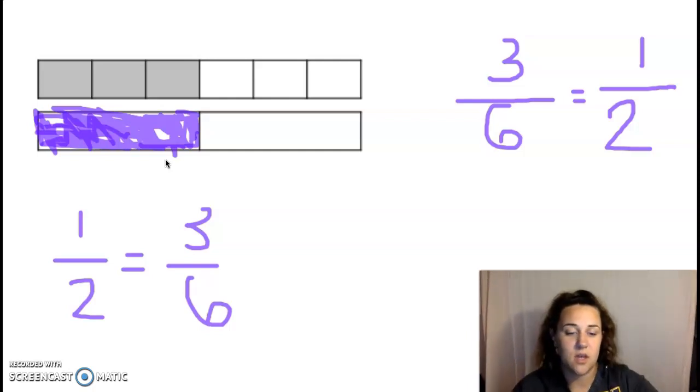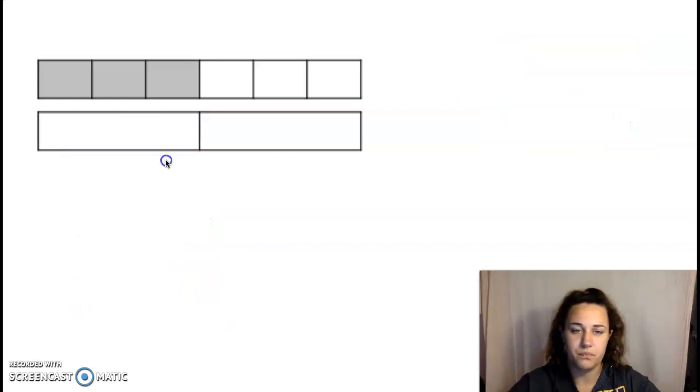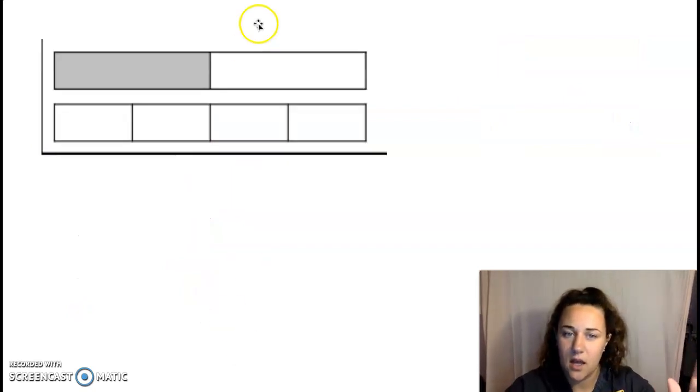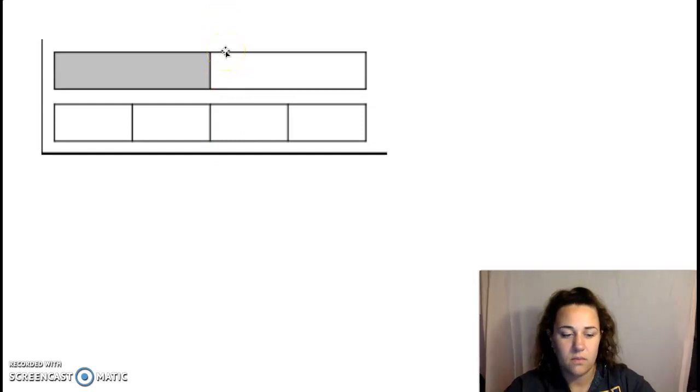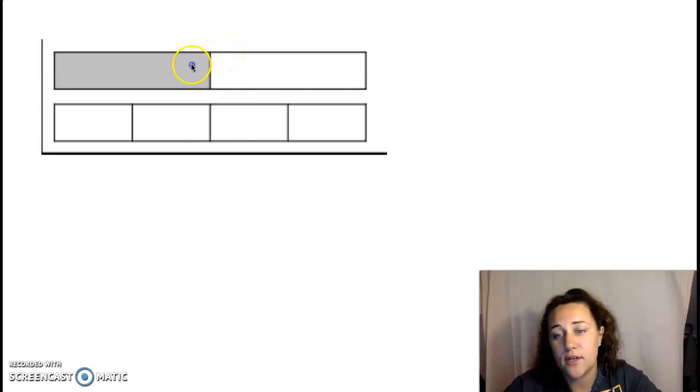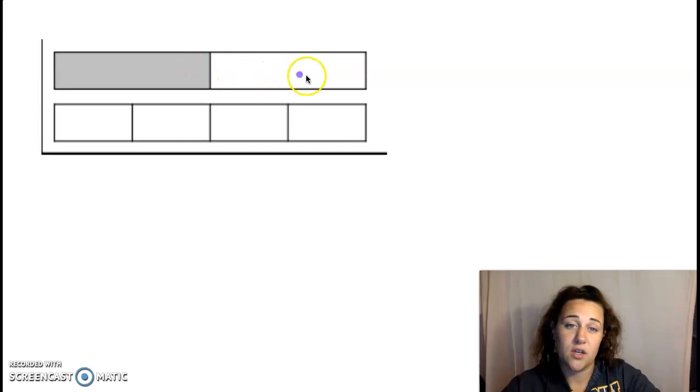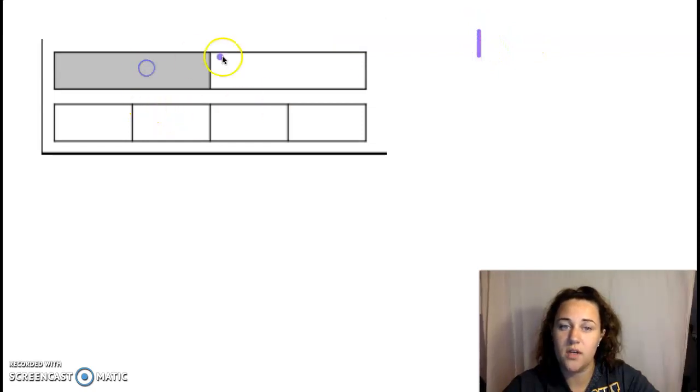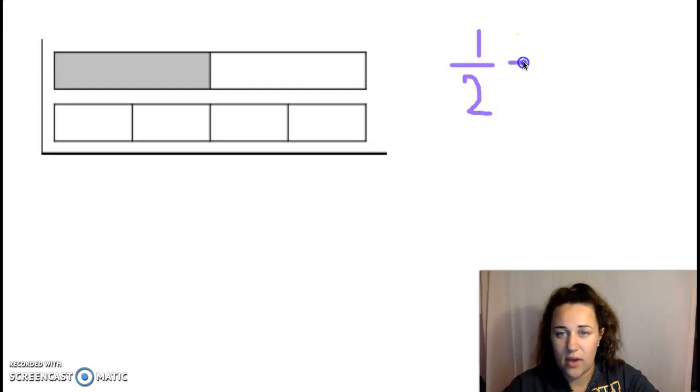So that's one way. Let's see another example. Same thing. I now have my rectangle, and we have to figure out our first fraction. I have 2 whole parts, and I colored in one of them. So I shaded in one part out of 1, 2, out of 2 parts all together. So I have 1/2.